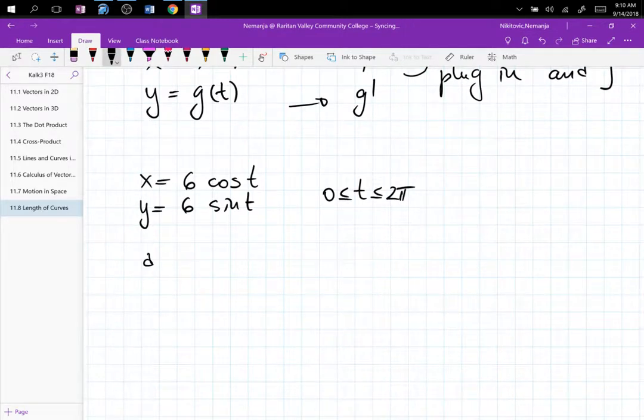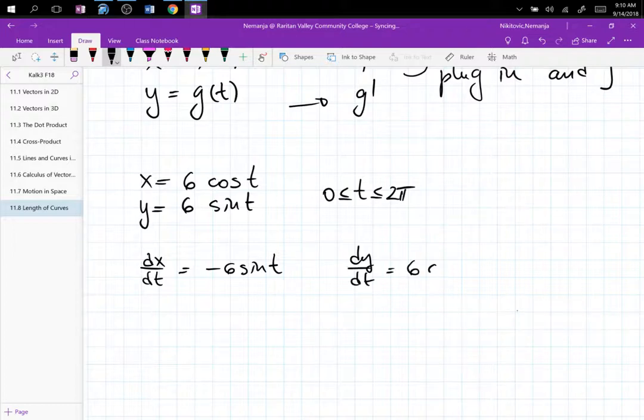Well, I need dx/dt, which is going to be negative 6 sine t, and dy/dt is going to be 6 cosine t.